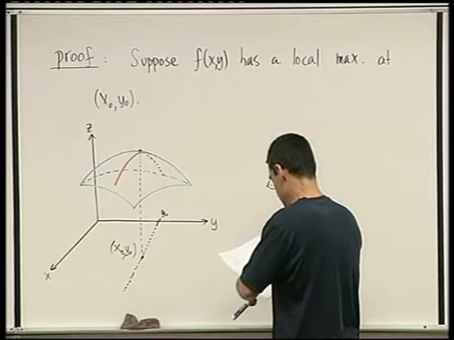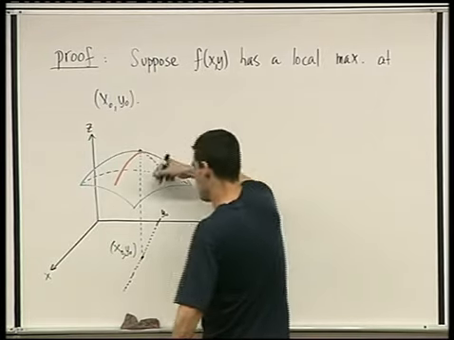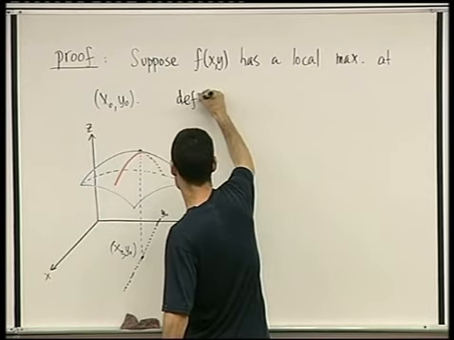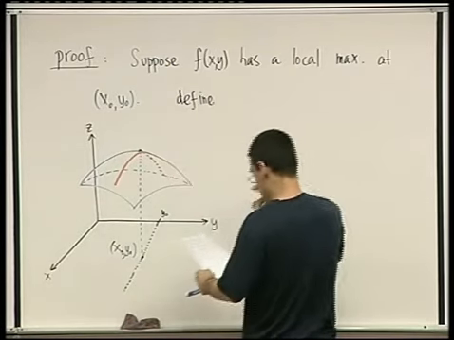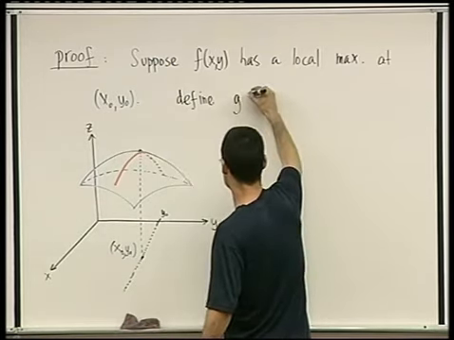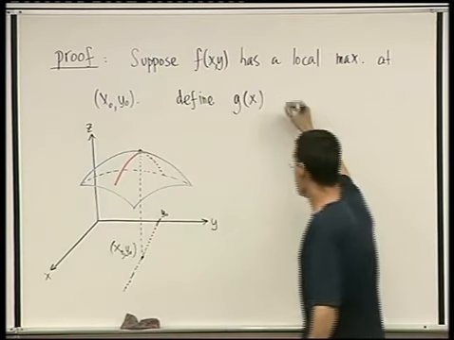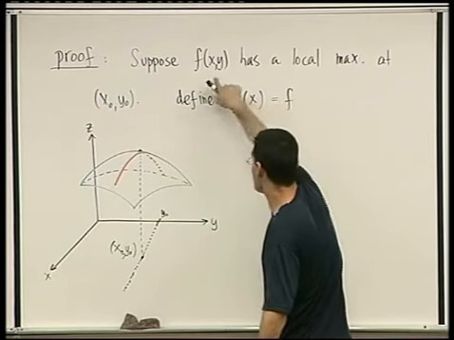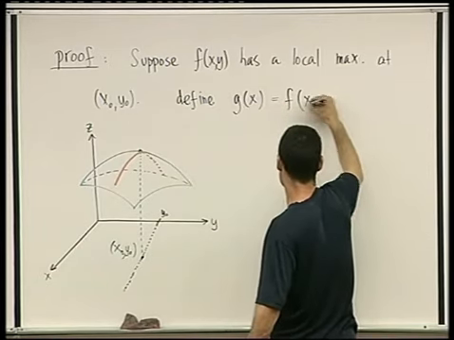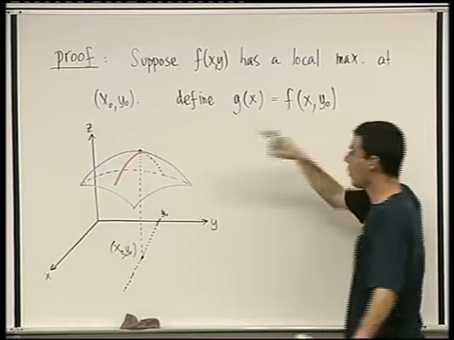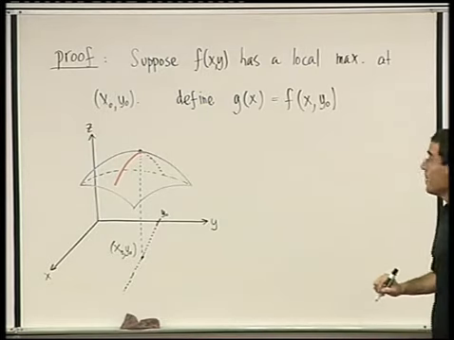And so here's formalizing this. I'm going to define a new function, call it g. It's going to be a function of a single variable x. The way to define it is to take this two-variable function, allow x to vary, but fix y0, where y0 is the value where there's a maximum.